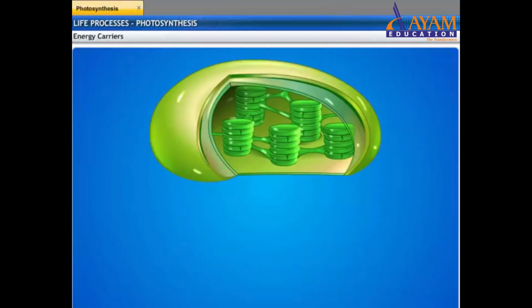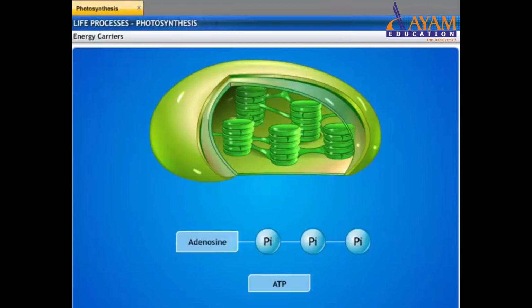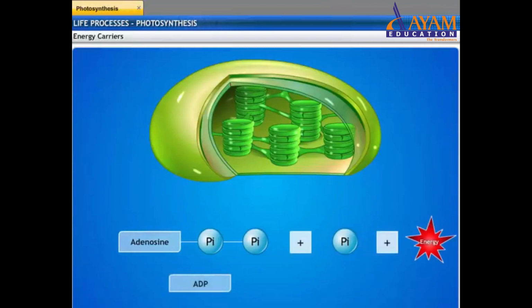The energy carriers involved in photosynthesis are ATP, adenosine triphosphate, which acts as an energy carrier. The third phosphate group in ATP breaks up, releasing ADP, phosphate and energy.